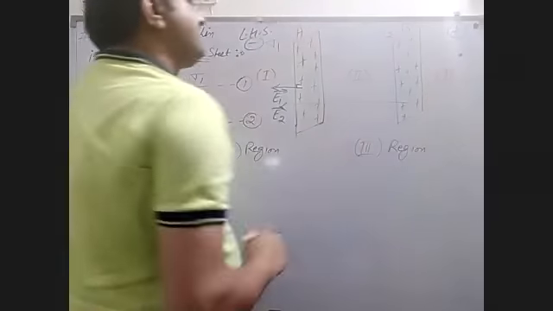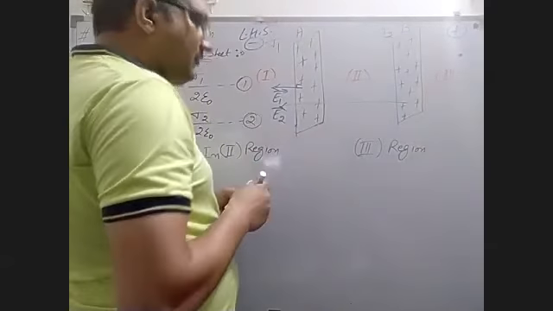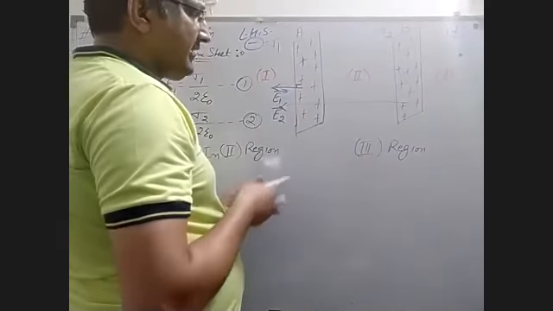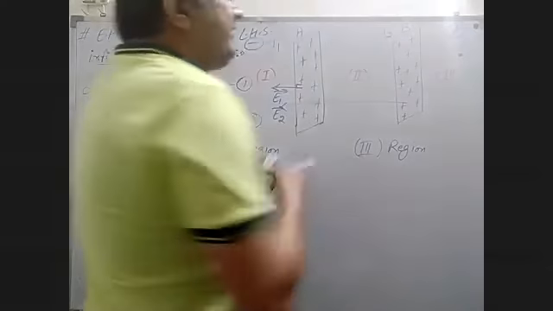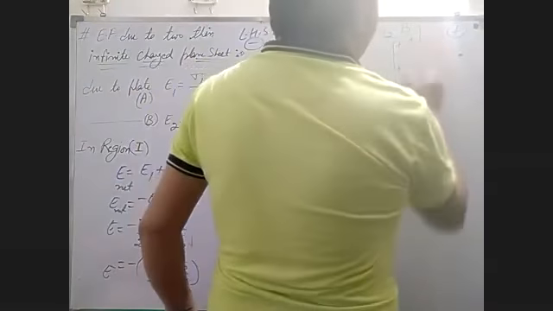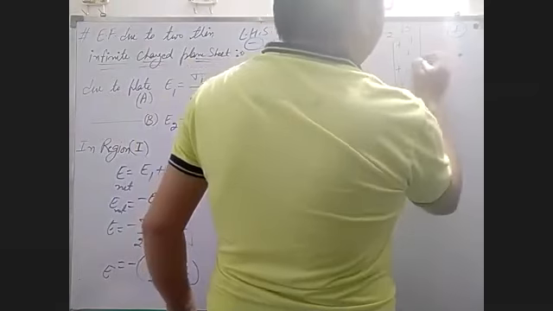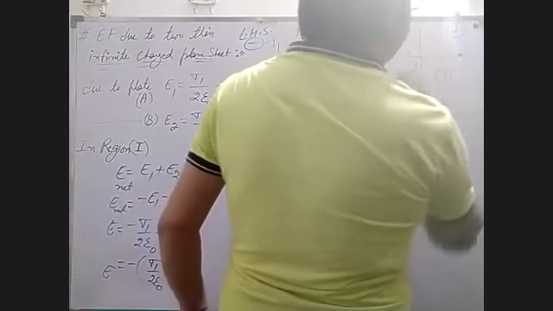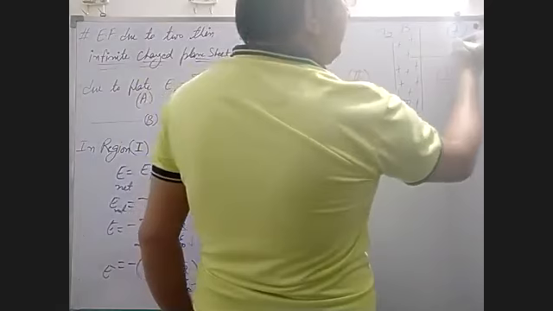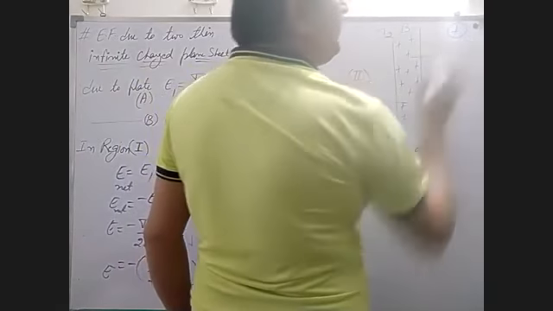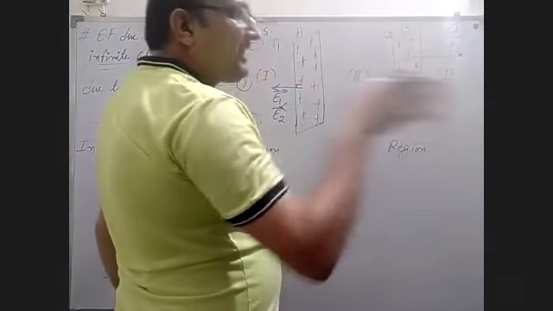Suppose point P is there. Now, in this, we can see the electric field due to B, by this charge due to B, this plate, we can take the value of electric field in the right direction, like this. This is the value of E2. We have to take it in the right direction.